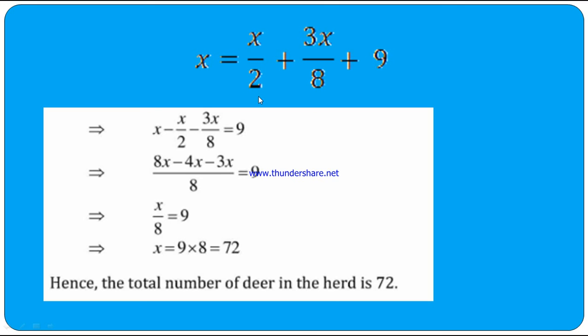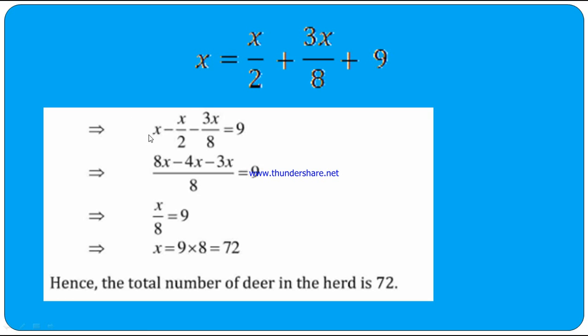Plus x by 2 becomes minus x by 2, and plus 3x by 8 becomes minus 3x by 8, equal to the constant term 9 on the right-hand side. Now we have to simplify because all are x terms.